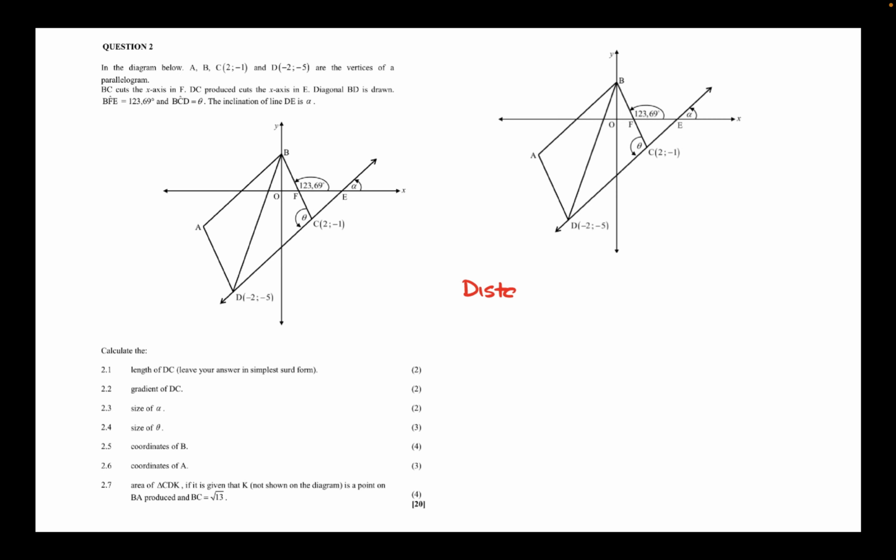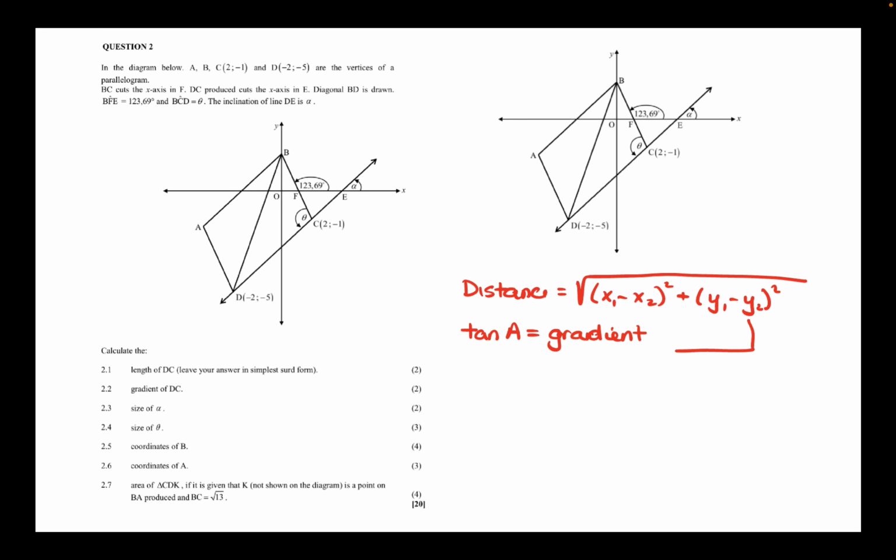The distance formula, which is based on the Pythagorean theorem, is the difference in two x values squared plus the difference in two y values squared, and then you take the square root. We also have that the tangent of an angle is equal to the gradient, and that angle is the angle of inclination.